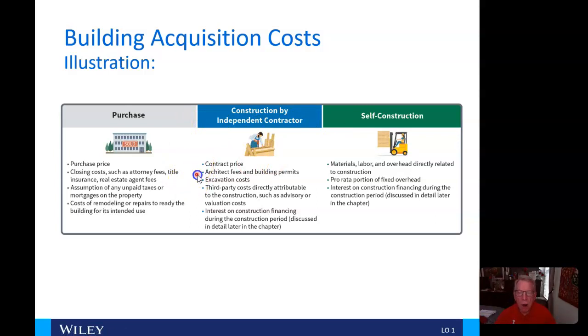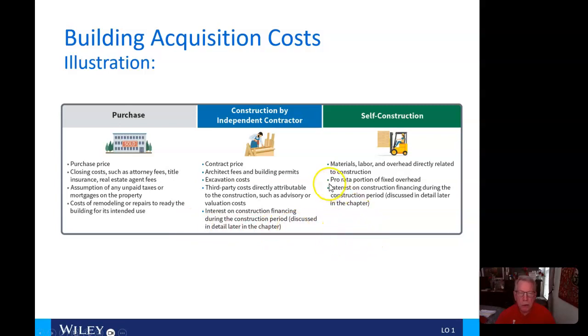Contract price, architectural fees and building permits, excavation costs, third-party costs directly attributable to the construction, such as advisory valuation cost. I once had environmental analysis done. That would be part of it. Interest on construction financing during the construction period. We'll discuss that a little later in this chapter.